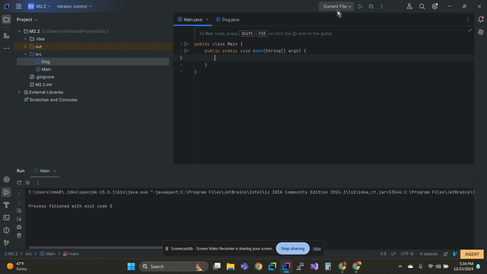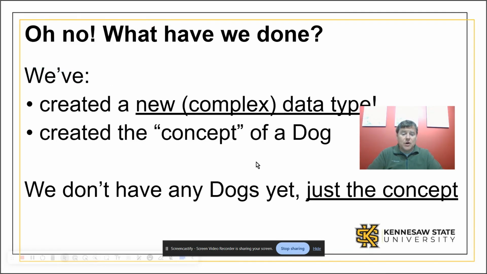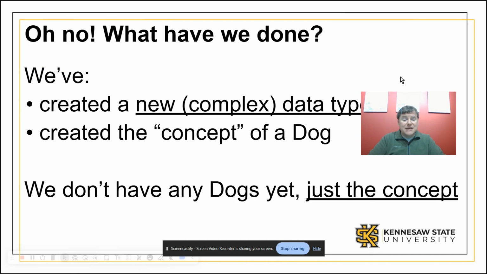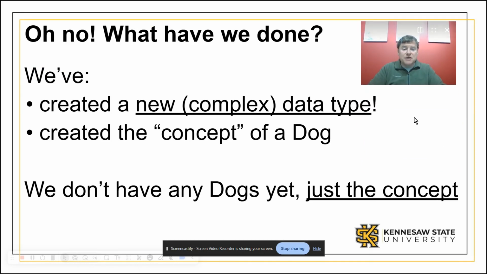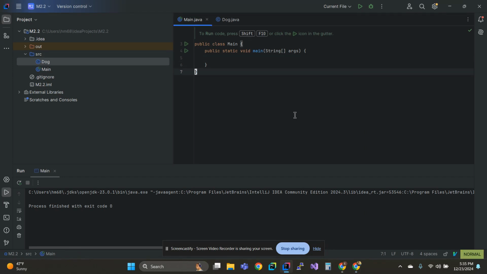Okay, so now that I have a dog class, what have I actually done? Well, I've created a new data type. So in Java, in addition to ints and cars and all the primitive types and all the complex ones we've talked about, there's now another data type called dog. So just to talk about this again, we could certainly say int x, and that allows me to make a variable x, which is of type int.